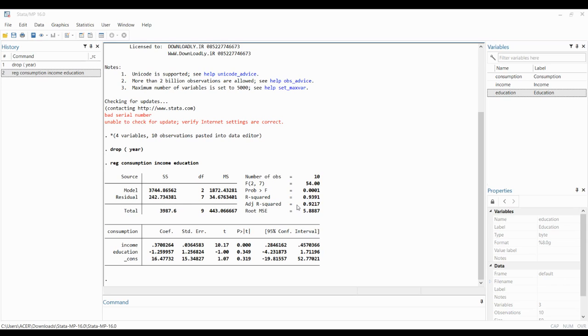Now why we should interpret adjusted R square? Adjusted R square is more important than R square, because R square does not give us the true explanatory power of the model. So if we keep on increasing the number of regressors on the right hand side, the value of R square will be continuously increasing. So in that case, we will not be able to get the true explanatory power of the model. Therefore, in order to get the true explanatory power of the regression model, we have to restrict the value of the R square with the degrees of freedom.